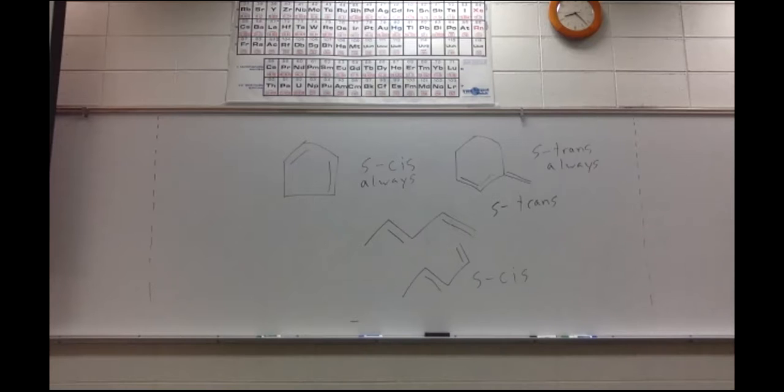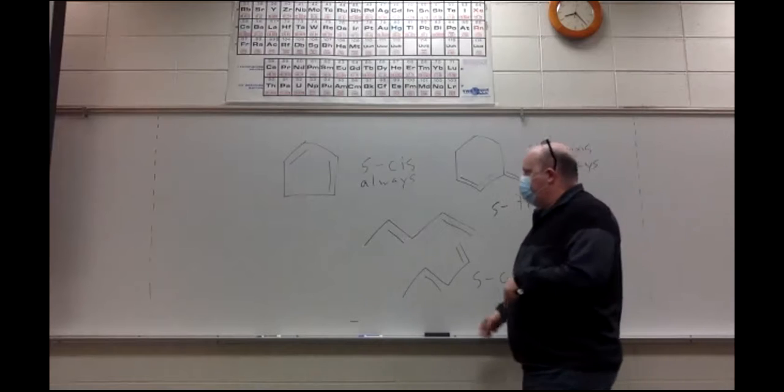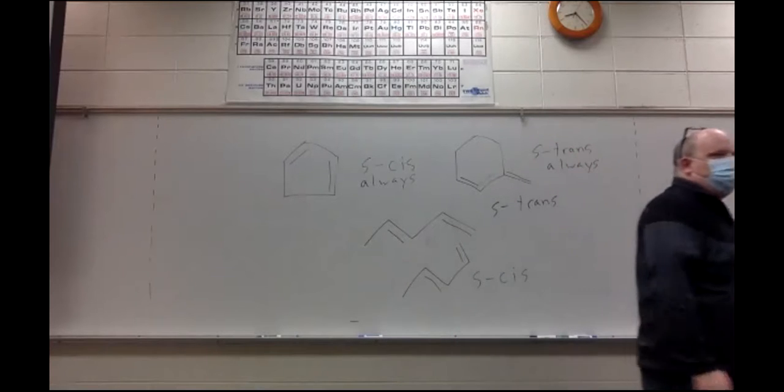Number one, figuring out if it's an S-cis or S-trans configuration. Number two, figuring out, can it rotate to the other one? And number three, if you can rotate, can I draw it correctly? Okay?